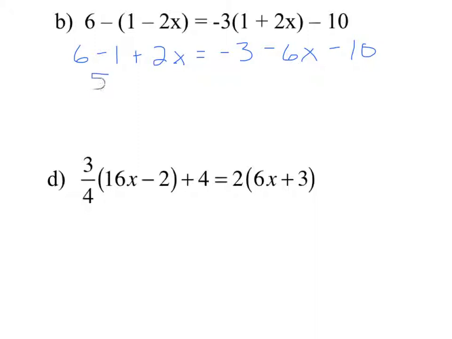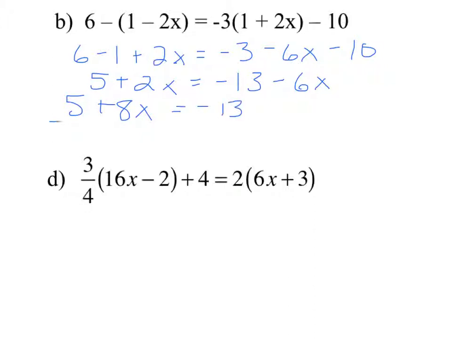So we have 5 plus 2x equals negative 13 minus 6x. And I'm going to add 6x to the other side and get 8x, I still have plus 5, equals negative 13. Then we subtract 5 from each side.